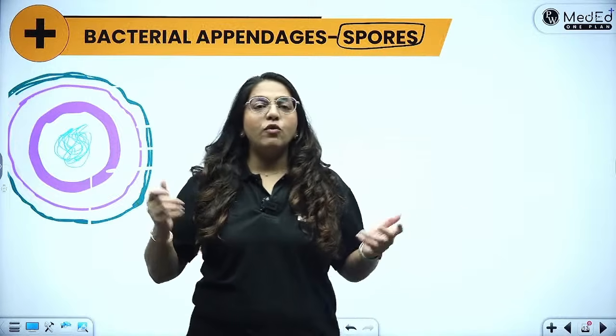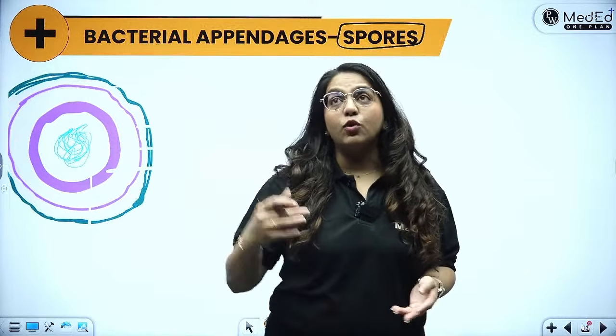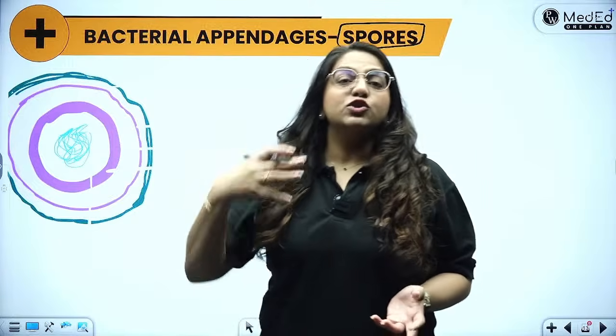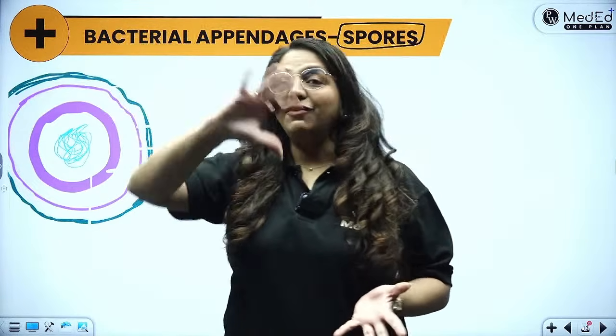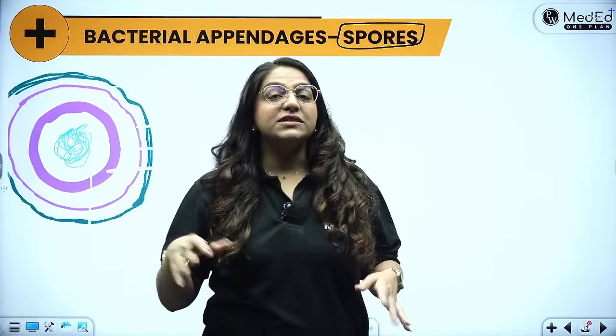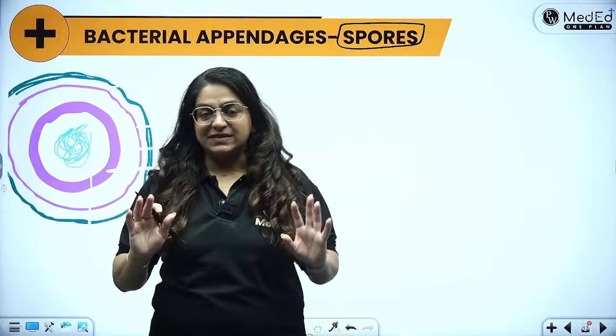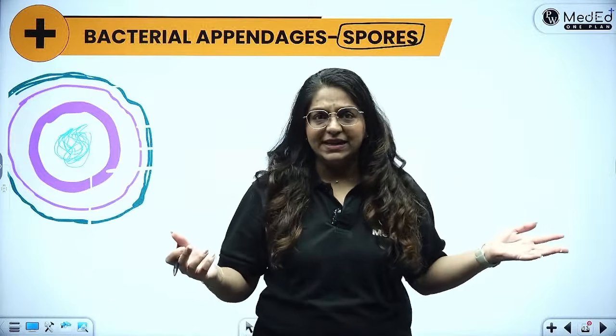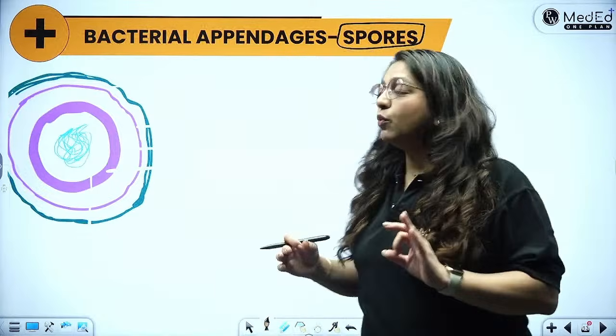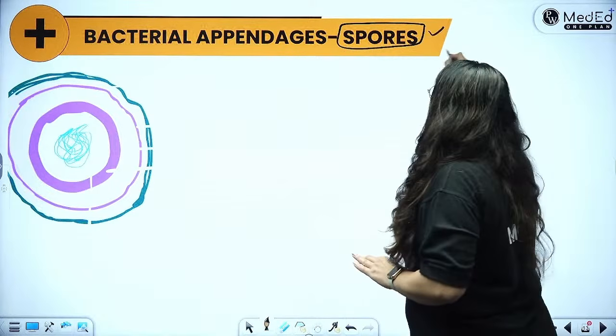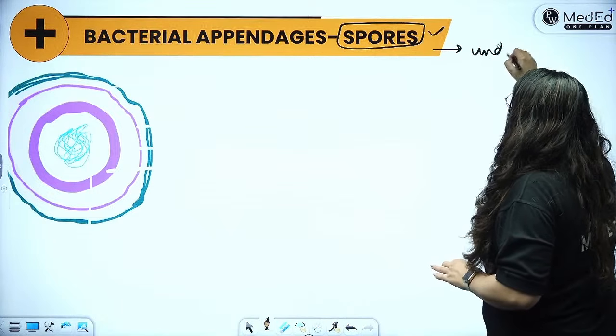You don't wear an overcoat every day. You only wear an overcoat when you go to colder climates. So when the outside conditions are unfavorable, then the coat comes out, and it can be removed very easily also, right? So that is a spore of a bacteria. The spore is only formed under unfavorable conditions.